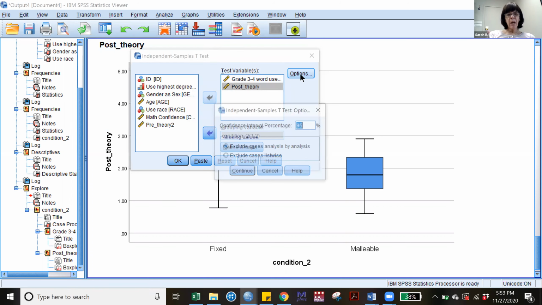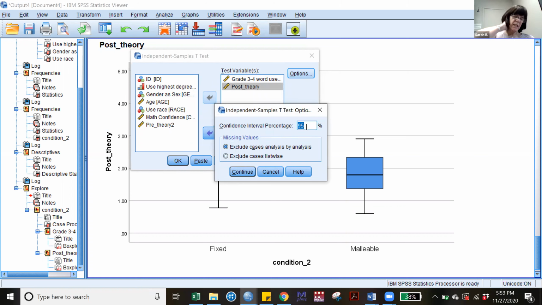So the only option really here is what confidence interval. We're going to test this at 0.05. Remember, one of them is a one-tailed test. And we're just going to ask for the standard 95% confidence interval. It doesn't matter whether we exclude cases analysis by analysis or listwise in this case, because everyone has complete cases.